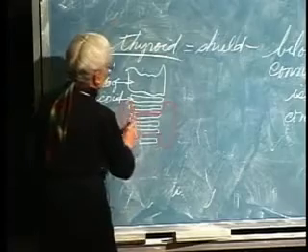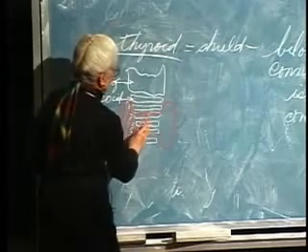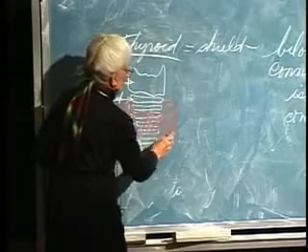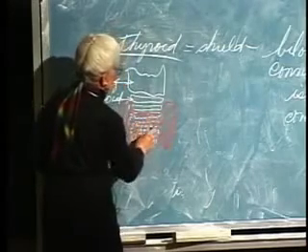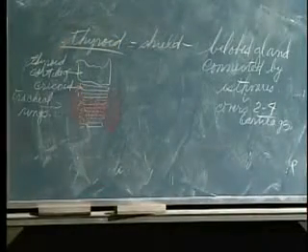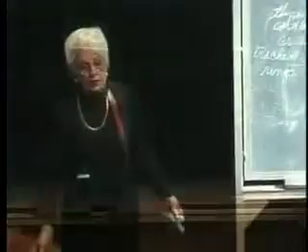So we can mark off our gland in this fashion. So now, as young anatomists, when somebody says, does the thyroid gland cover the thyroid cartilage? And what can you answer? No, it's just independent down here.